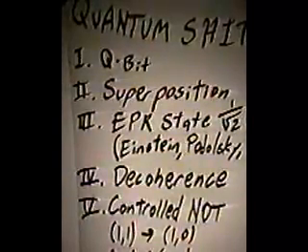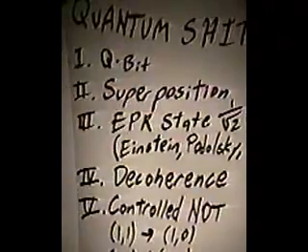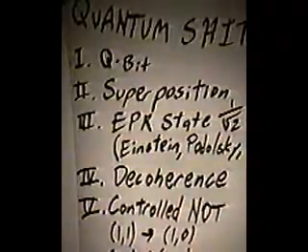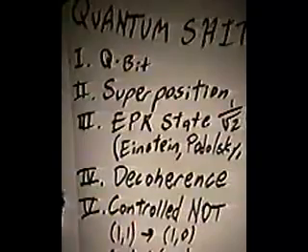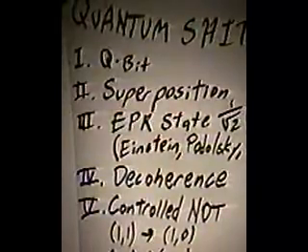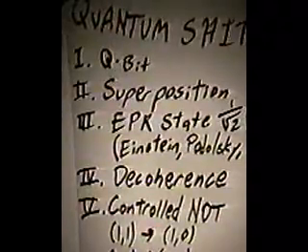Let's say I put two qubits in an EPR state, and I give one to someone on the other side of the world. He reads his, and the next time he reads his, it'll be the same value. It's like having two linked coins, and you flip them a bunch of times, as long as they're entangled. You get a sequence of heads, tails, tails, heads, whatever, and the other one will do the same random sequence.